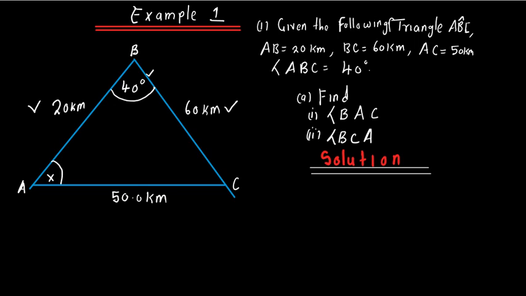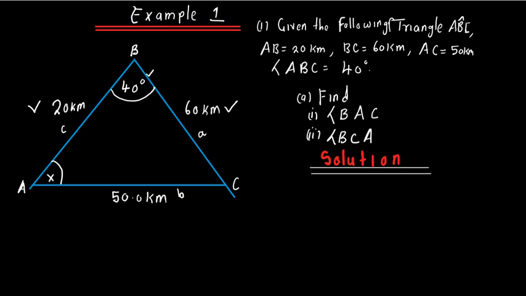Now, cosine rule states that, I'm sure by now you know that the distance for A is this one, the distance for B is this one, and the distance for C is particularly this one. Now, from here, we can calculate the angle A.